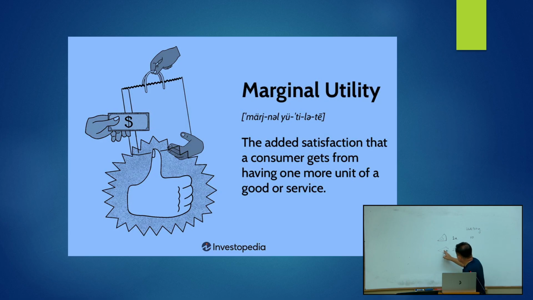But the second pizza, same pizza, is it 10 or less? You're correct, it's less, because it's the second one and I'm a little bit full. This is the marginal concept. So 10 plus 10 is not related to the marginal concept, but the lower utility is the marginal utility concept.